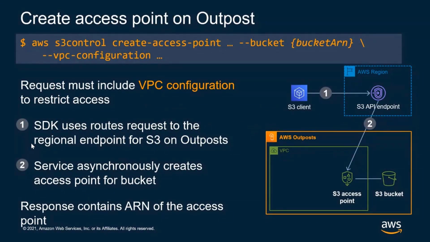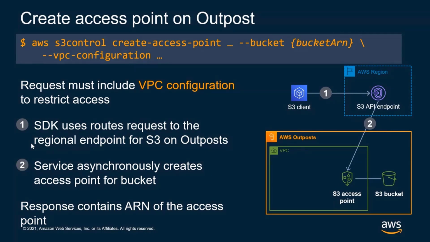So essentially, there are a few things you need to be mindful of when you're setting up S3 on Outpost. The first is that you need to create an access point on Outpost. In the AWS region, you have the capability to use the legacy method of accessing S3 or the newer capability called access points.